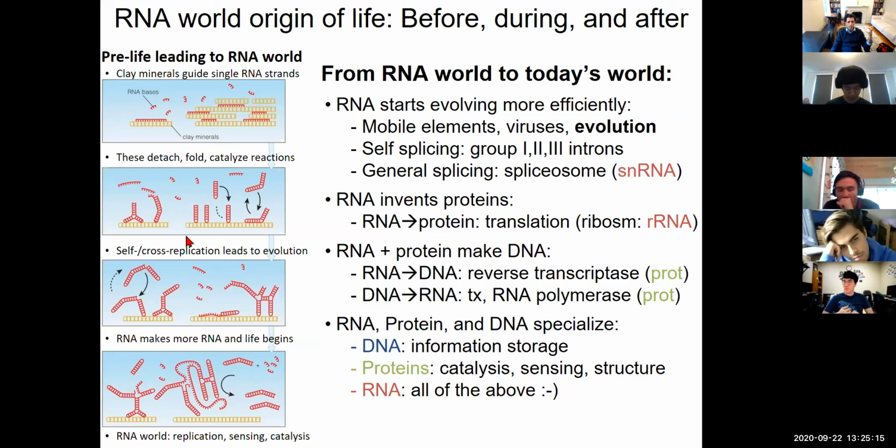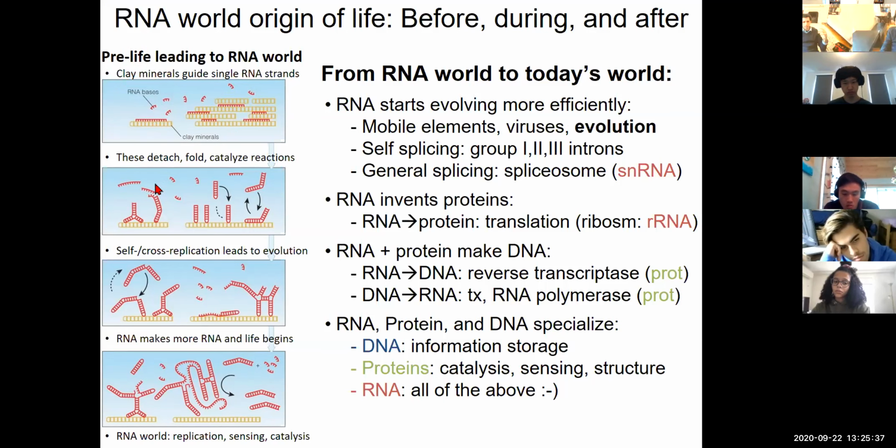But one idea is that to get to this RNA world, we have some pre-life where clay minerals can guide the synthesis of single RNA strands. Basically, nucleic acids are thought to have existed and been spontaneously created under the conditions of early Earth. They were thought to eventually detach, fold, and catalyze reactions.